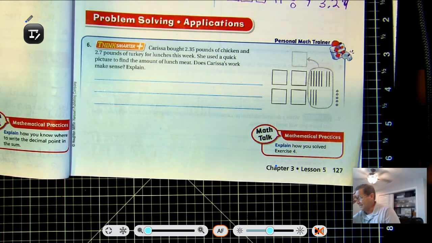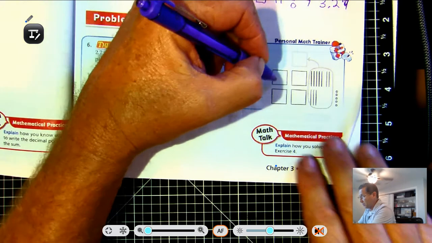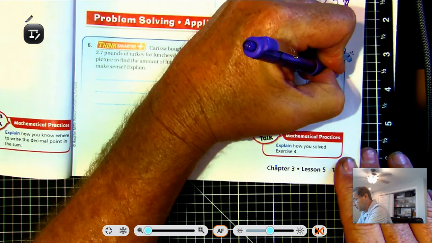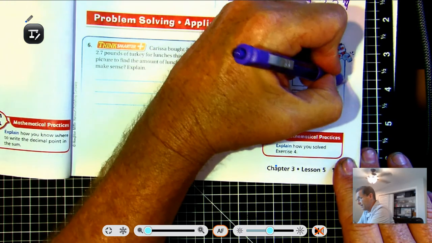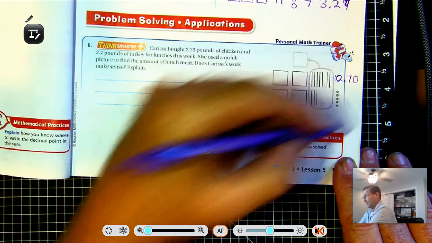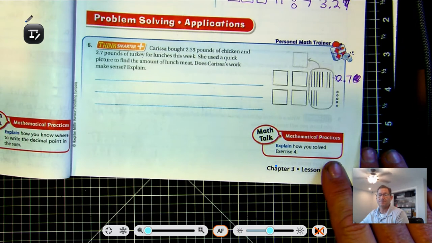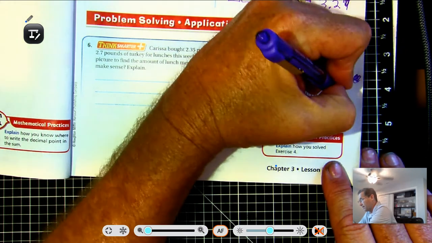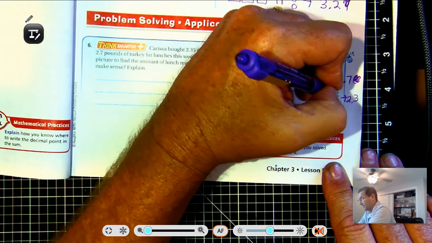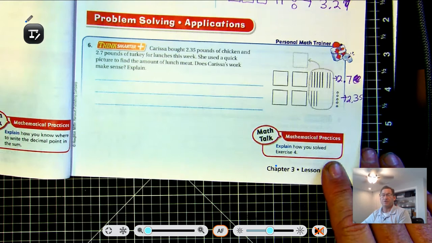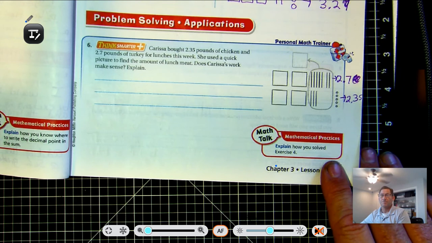All right, so let's see. Her top picture shows 2 and 7 tenths, and her bottom picture shows 2 and 35 hundredths.